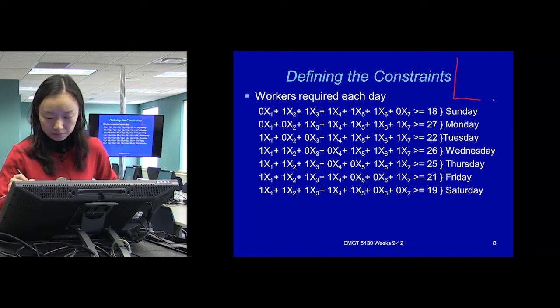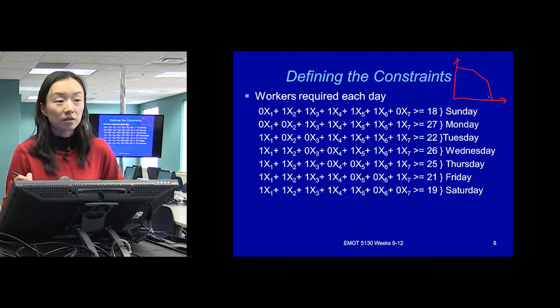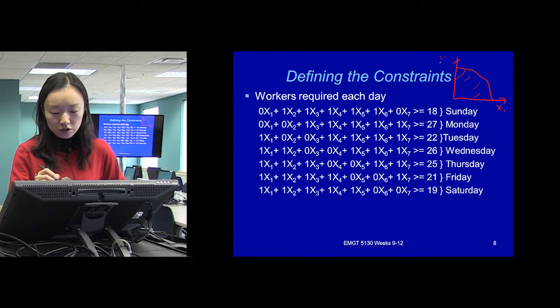For example, if the original feasible region for the problem without integer constraints is like this, then if we add the integer constraint, say x1 and x2 need both be integers, then the feasible solution becomes some points. Make sense? The feasible region becomes those points because you require x1 and x2 to be integers.